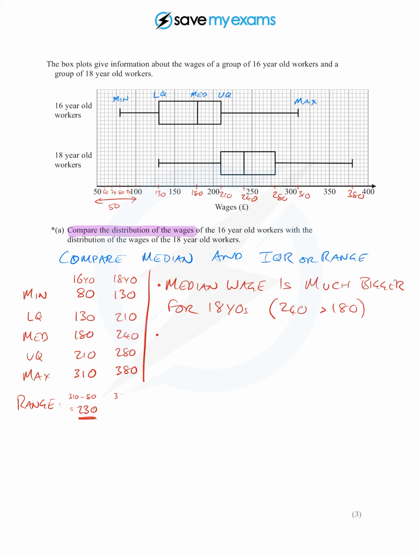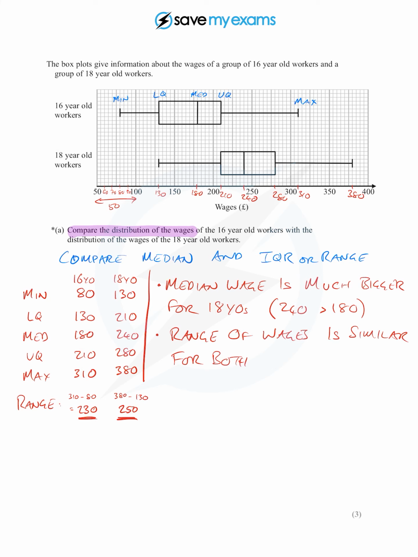And for the 18-year-olds, it's 380 minus 130, which is 250. So they're actually quite similar, aren't they? So we could say the range of wages is similar for both ages. Okay, similar for both ages.